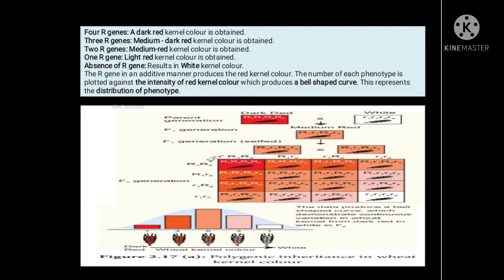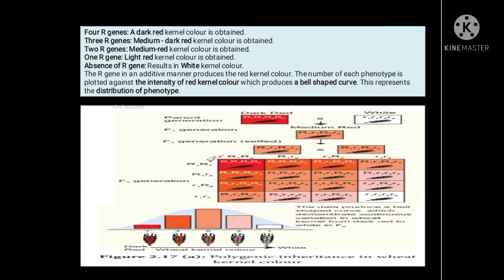With 2 capital R genes, medium red is obtained. With 1 capital R gene, light red is obtained. With the absence of capital R genes, the result is a white kernel color. That means the R genes act in an additive manner to produce the red kernel color.